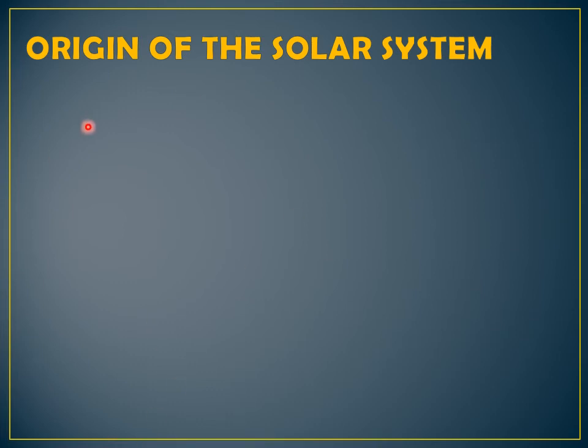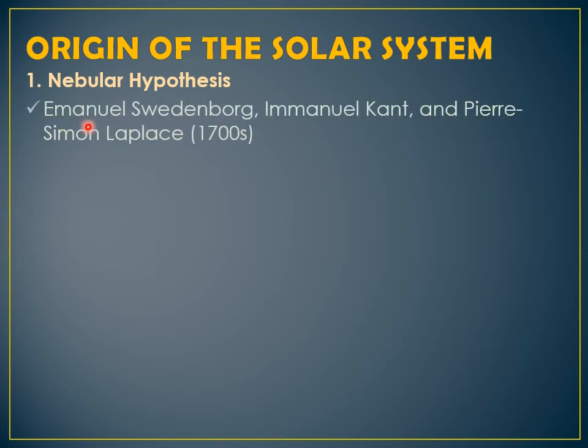Talking about the solar system, let us see where it began or how it formed. There are a lot of rival theories that try to explain the origin of the solar system. First is the nebular hypothesis that was proposed by Swedenborg, Kant, and Laplace in the 1700s.